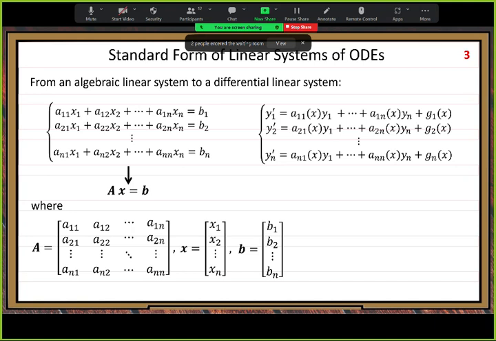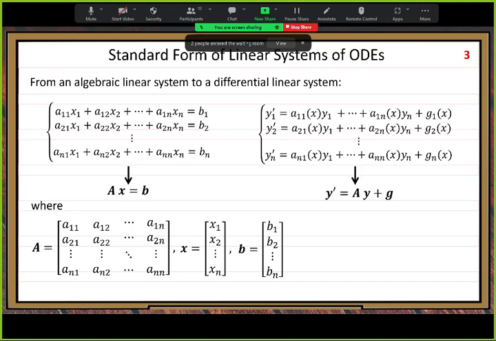So that's the difference. Corresponding to that B part, we have g functions. So you can see the structure. You need to extend it, the structure.